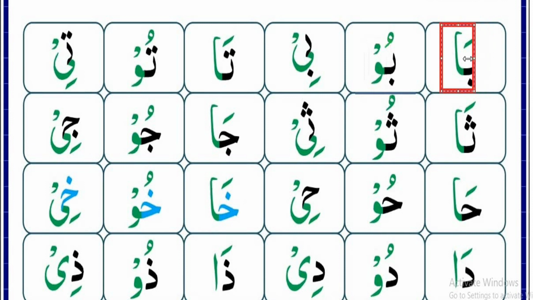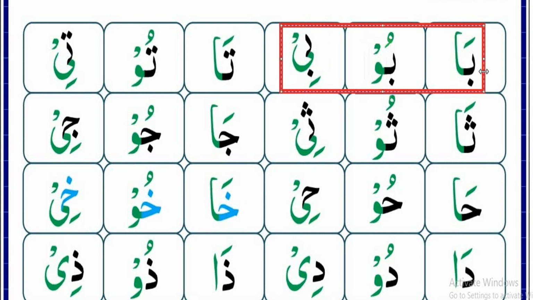The sign before alif madda is a fatha, the sign before waw madda has to be a dhamma, and the sign before ya madda has to be a kasra. So three different signs before three different madda letters: alif, waw, and ya, and fatha, dhamma, and kasra.